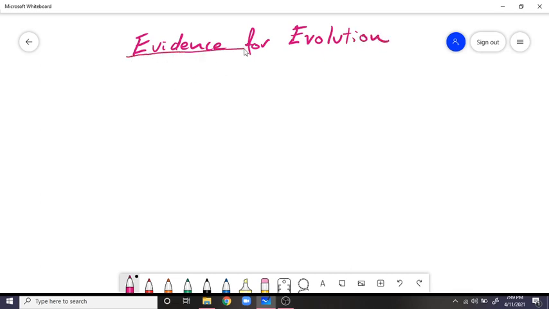Everything that we talked about in the last lesson was based on Darwin's own observations. And the evidence that I am about to give you has come since he published his work in 1855. So these are all from a large body of evidence that has come from the past 150 some odd years.